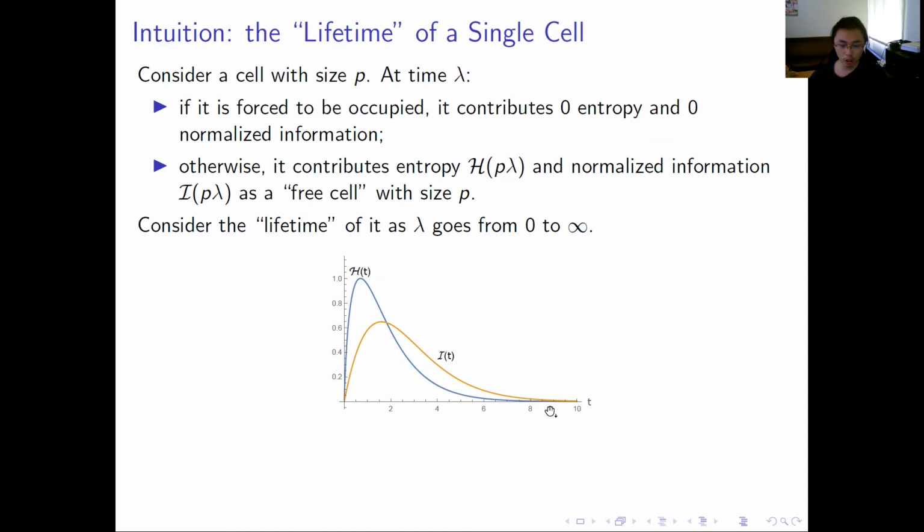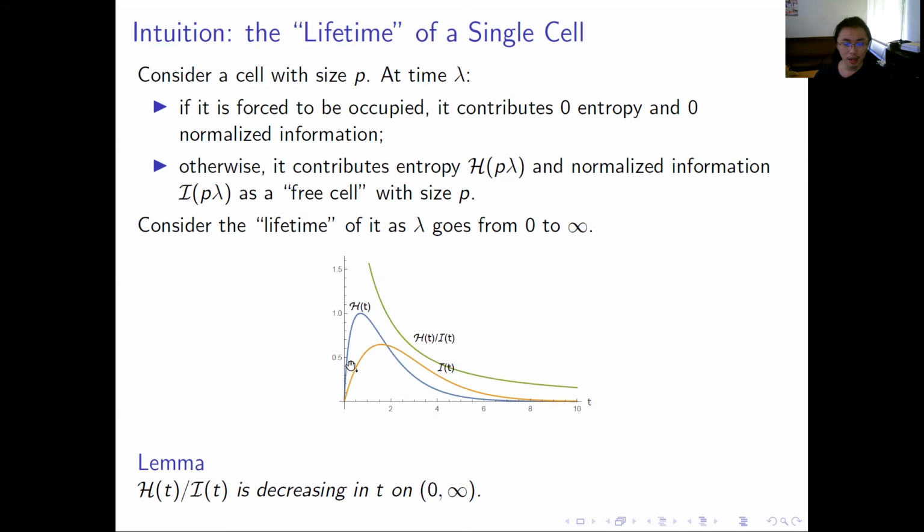When p times lambda is large, both get small, and when p times lambda is small, both also get small. So what we should consider is in fact the economy, the ratio h over I. And it turns out that this is monotonically decreasing, which means a cell just gets more economic in terms of this entropy and normalized information trade-off as time goes on.